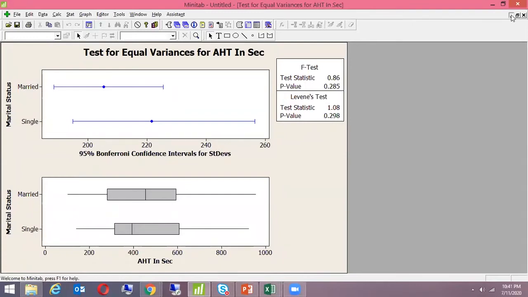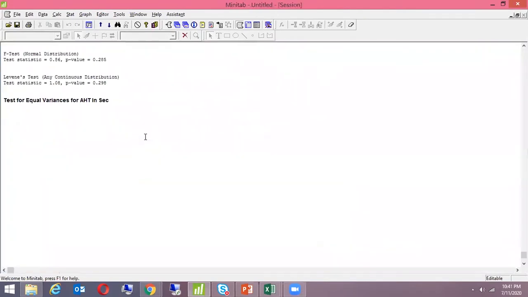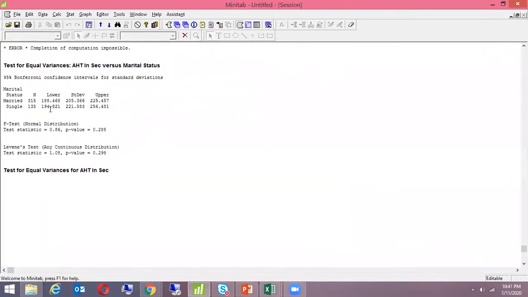Okay, let's look at the session window. It says the standard deviation of married people is 205 and single is 221. Looking at it mathematically, there is a 16 points difference, but Minitab says no, there is no statistically significant difference between their variances.